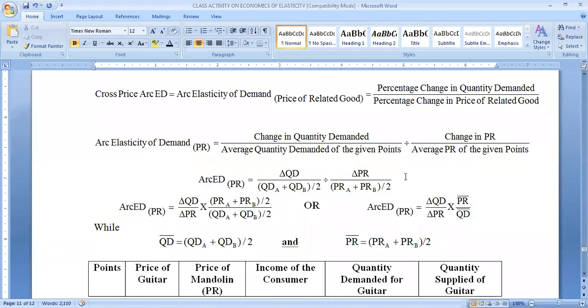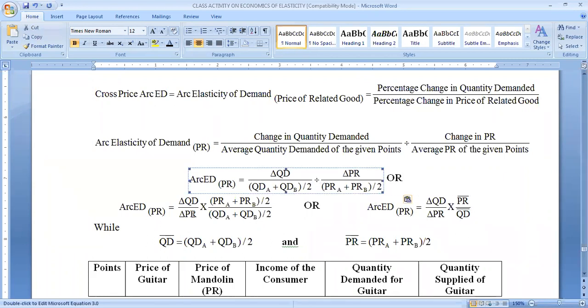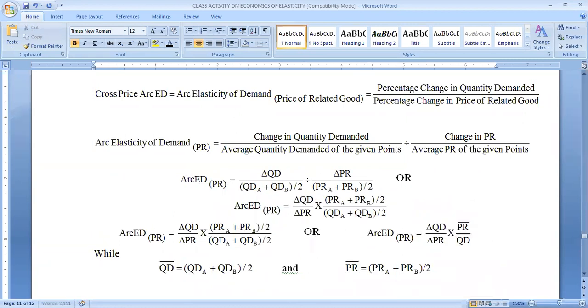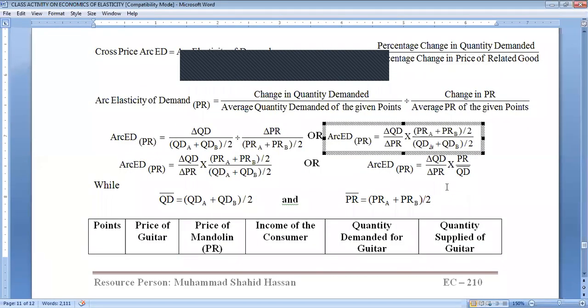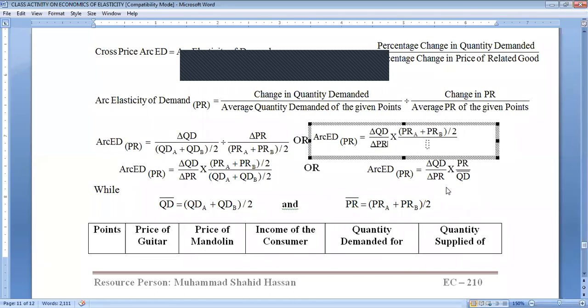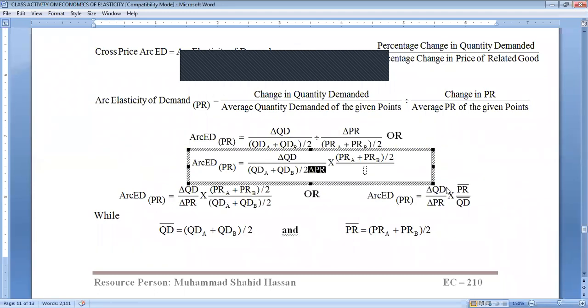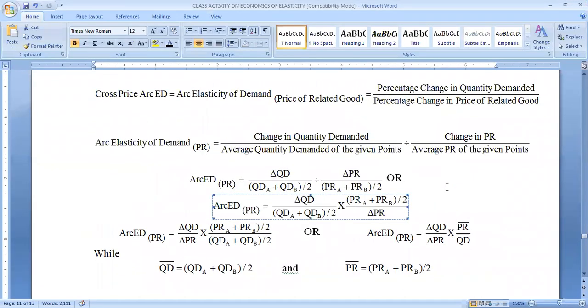Then there comes this formula, which can further be written as, right?